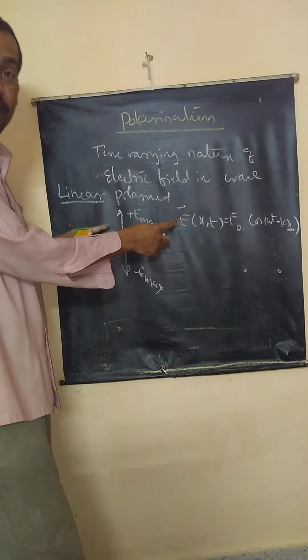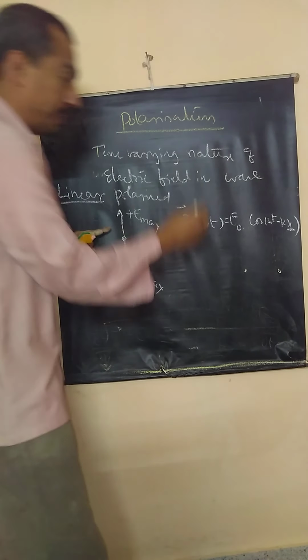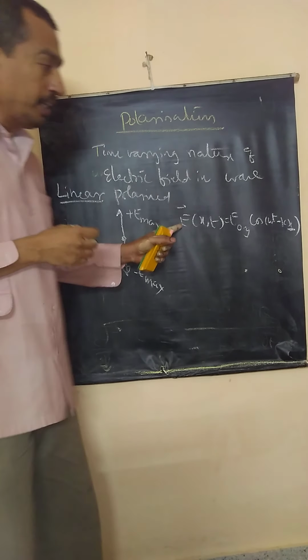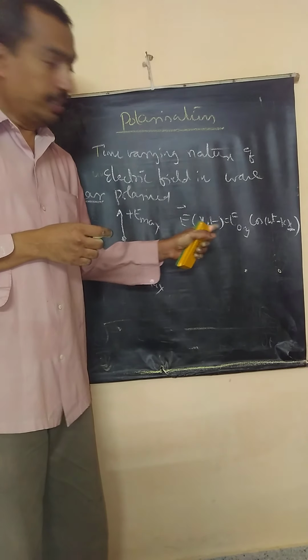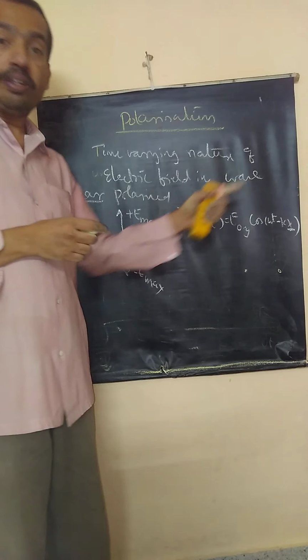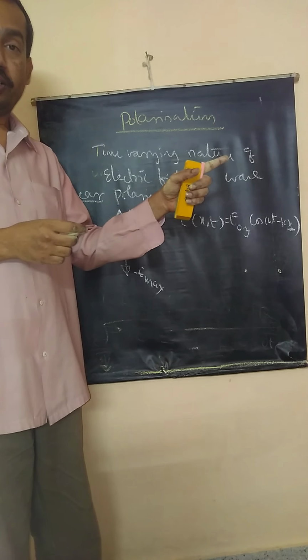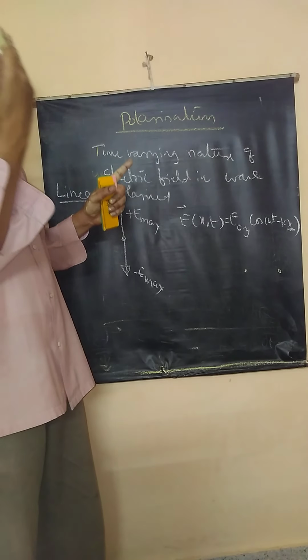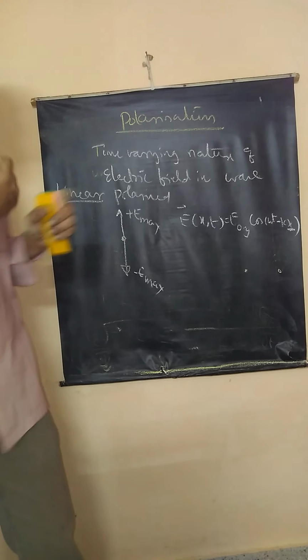The electric field will be perpendicular to x, so I'll write E naught y. Do you understand it? Electric field is directed along the y-axis, but the wave is moving along the x-axis. Correct? So electric field remains the same along the plane perpendicular to the x-axis.